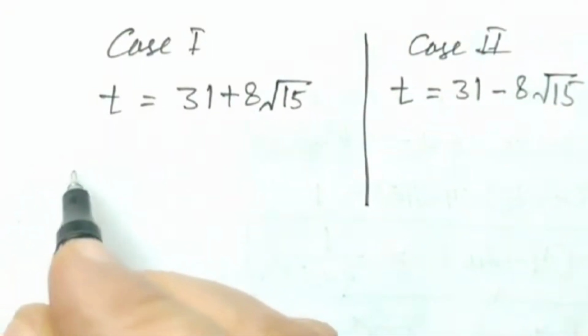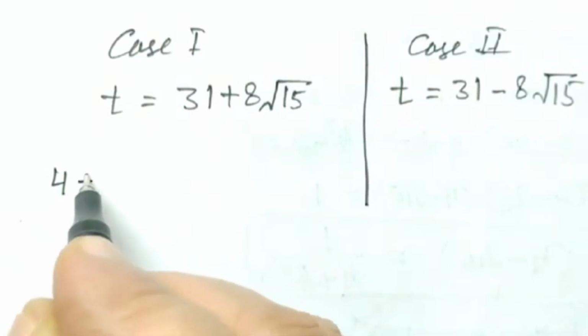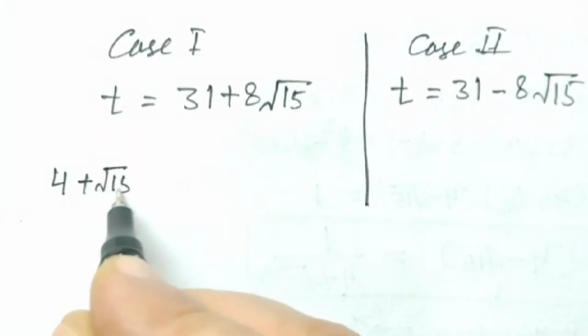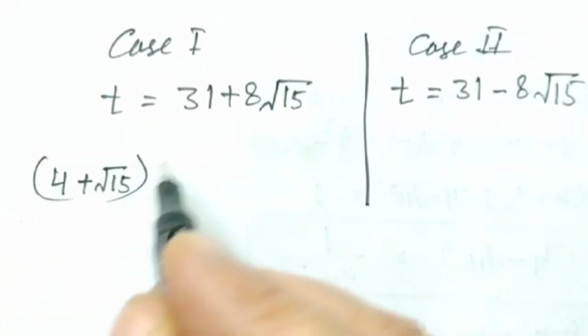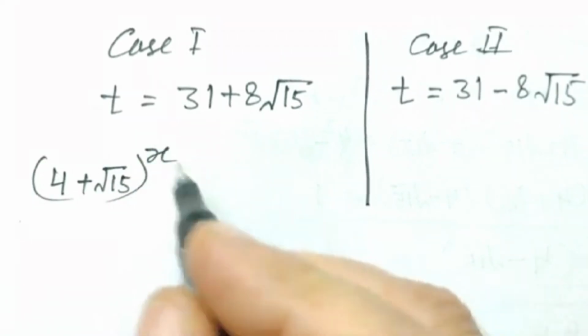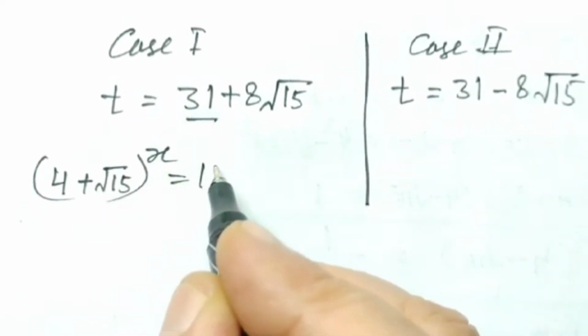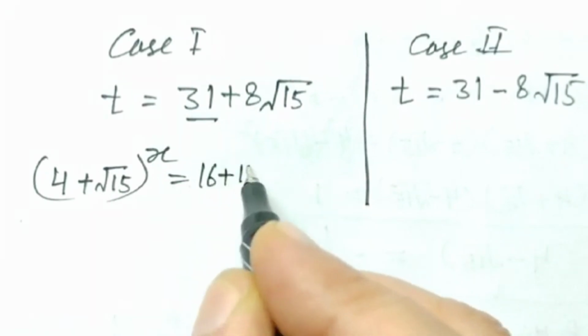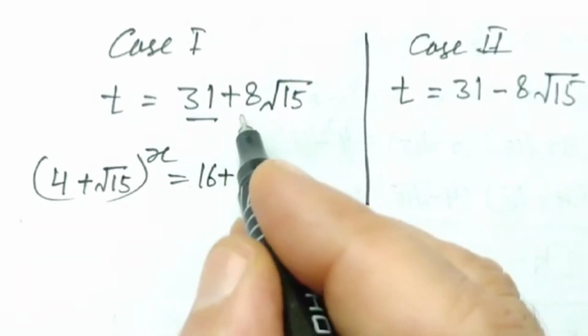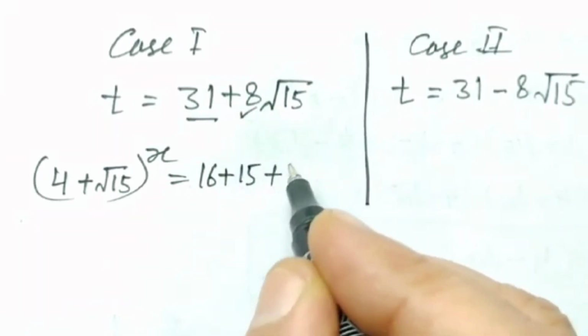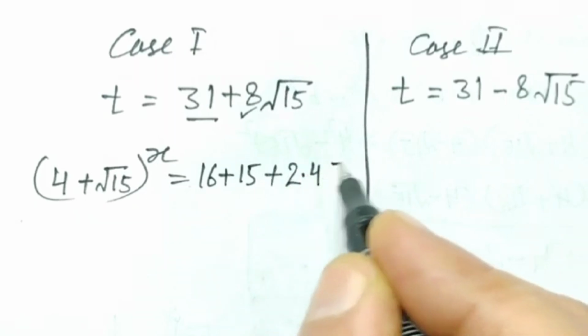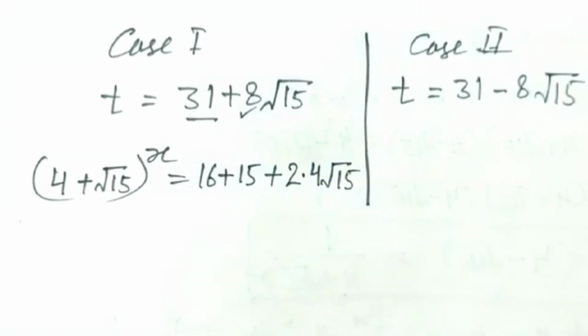As we have assumed t is equal to (4 + √15)^x, which is equal to 31 + 8√15. This can be written as 16 + 15 + 2·4·√15.